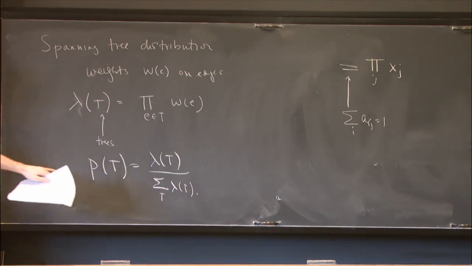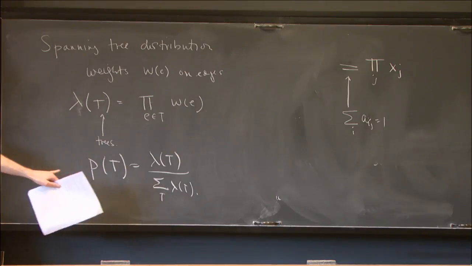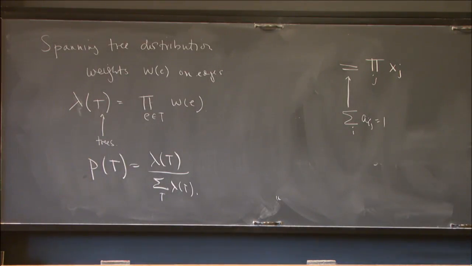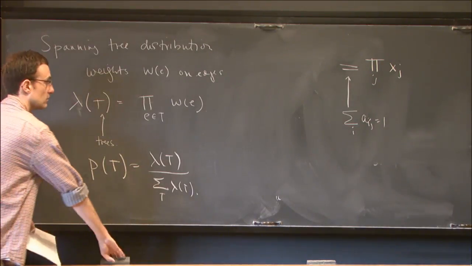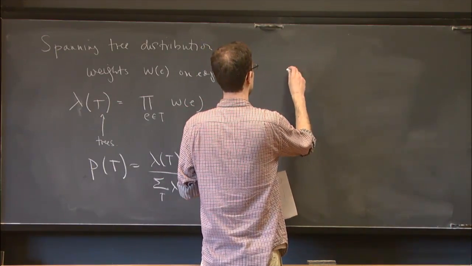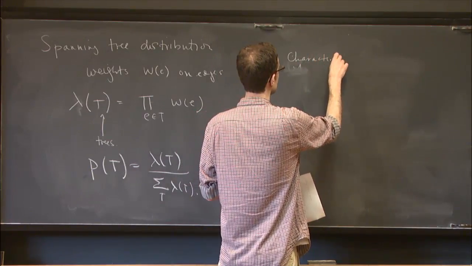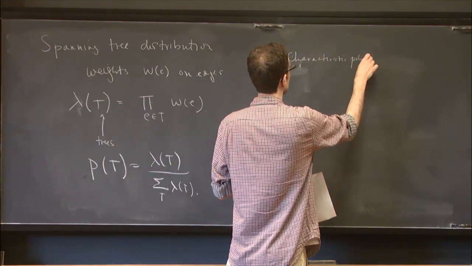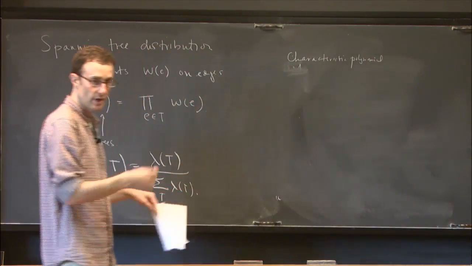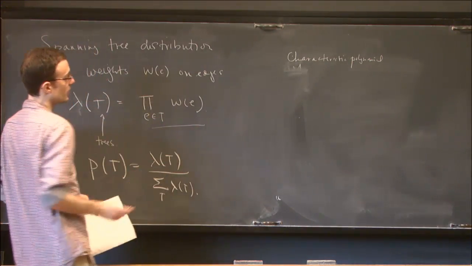And the fact that this is a strongly Rayleigh distribution comes from the matrix tree theorem, essentially. It tells you that if you look at essentially the characteristic polynomial, although you have to do a sort of multivariate characteristic polynomial, if you multiply that out, all the things that are not trees become 0, and all the things that are trees stay and give you a weight of this product of the W_e.